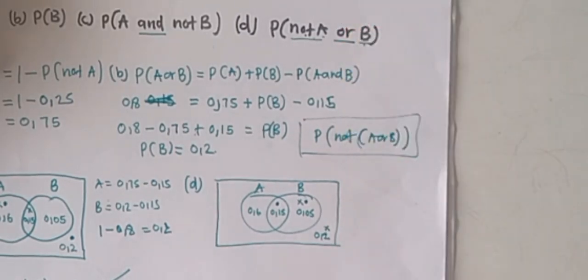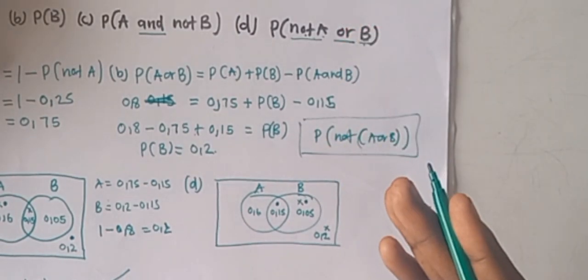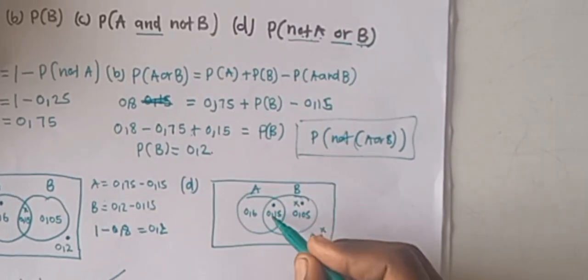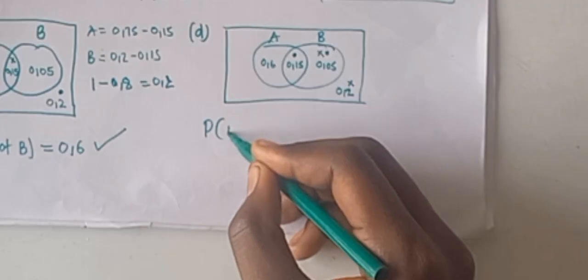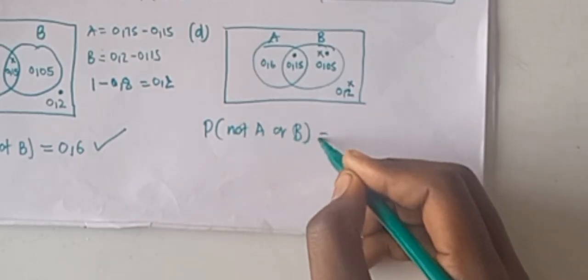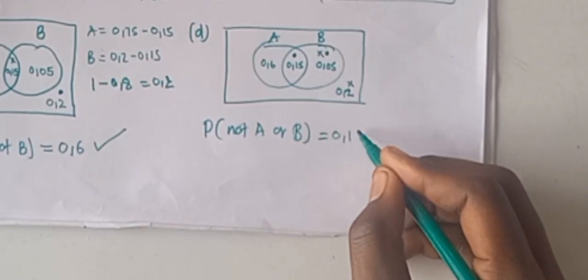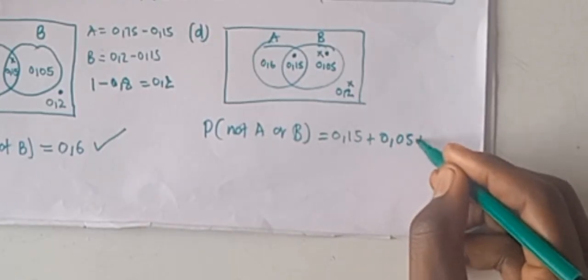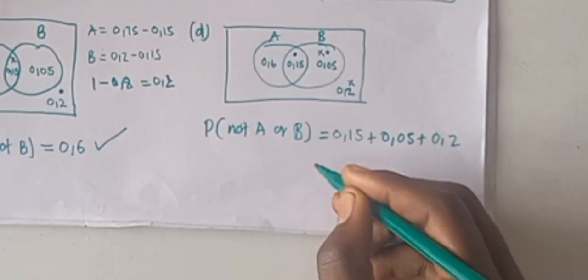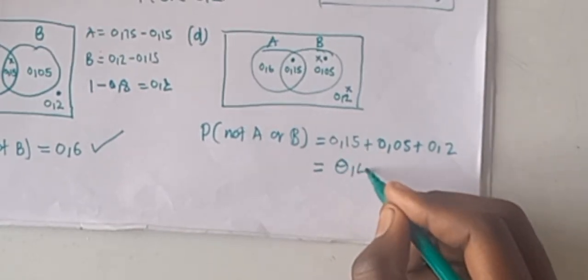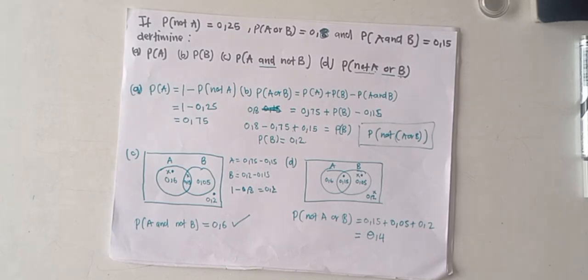We can take the one that has one marker and the one that has both, or the one that has a dot on it. So the probability of not A or B is going to be equal to 0.15 plus 0.05 plus 0.2, which in total, if you punch it on a calculator, you're going to get 0.4.